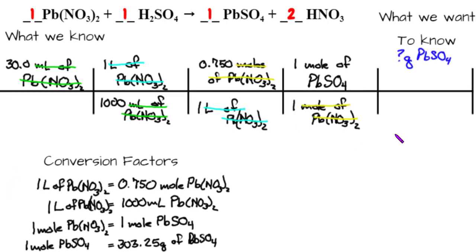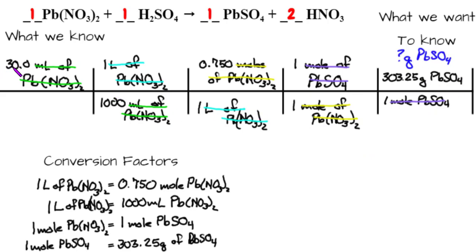I want 1 mole of PbSO4 to be in the denominator, and I want 303.25 grams of PbSO4. And I do that so that now I can cancel out moles of PbSO4 with moles of PbSO4. And at this point, I'm in the units that I want.